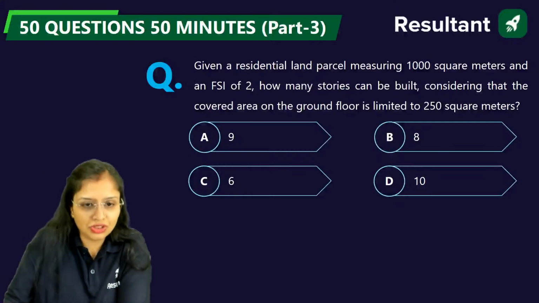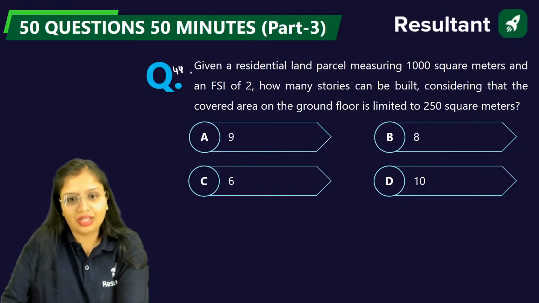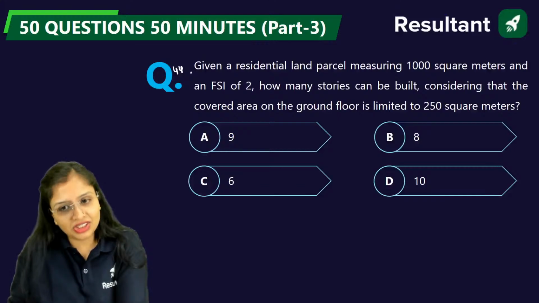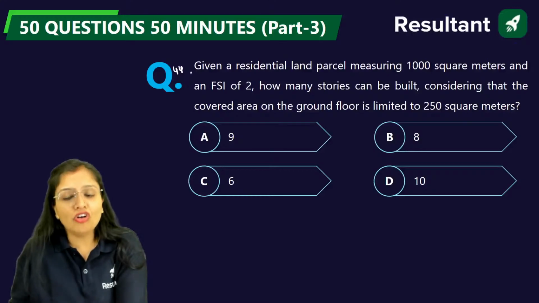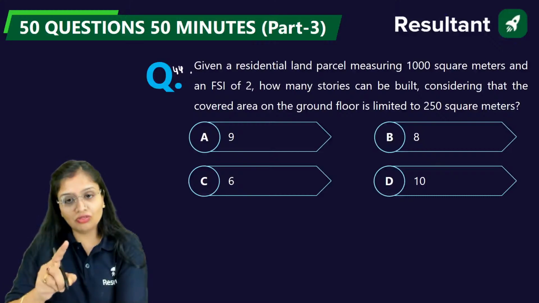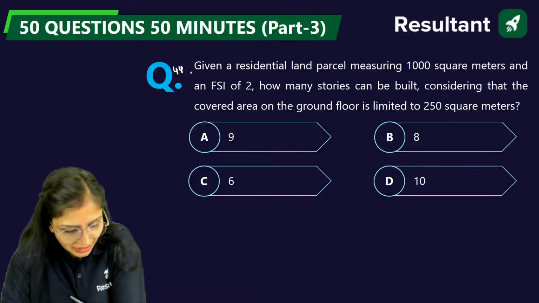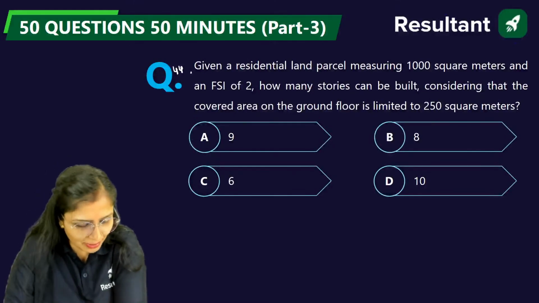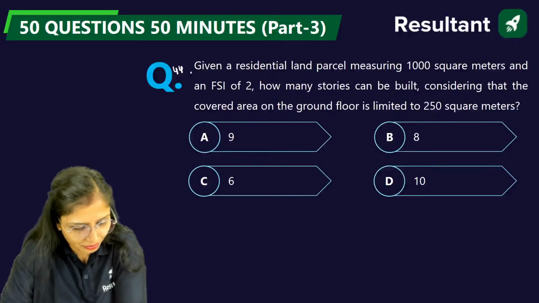Okay. Question number 44. Residential land parcel is there, 1000 square meter, and FSI, floor space index, is given to you as 2. How many stories can you build if the covered area on the ground floor is limited to 250 square meter? Come on, this you should answer.